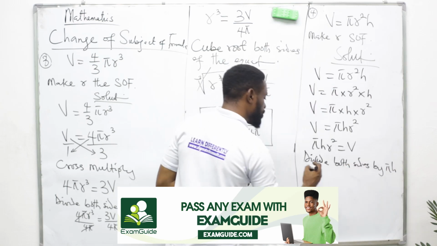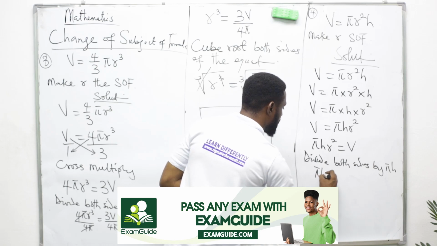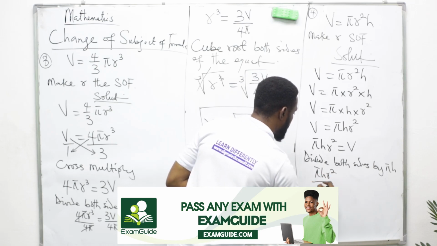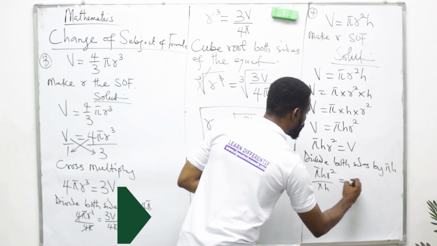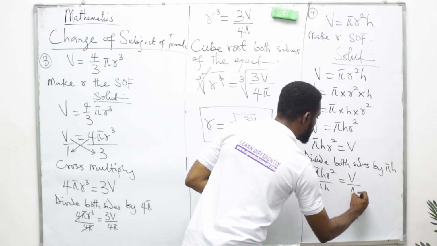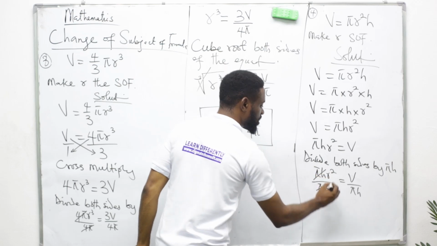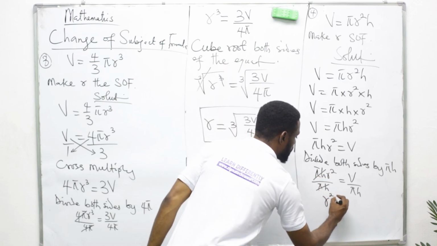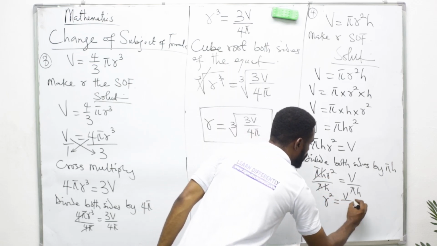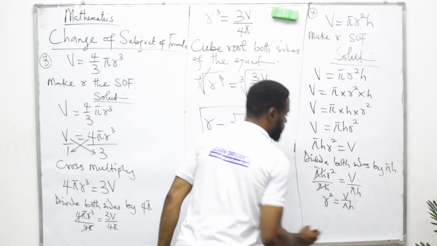Do you get that now? So that will mean pi h r squared over pi h is equal to v over pi h. Is that okay? So this cancels this. We have r squared is equal to v over pi h.